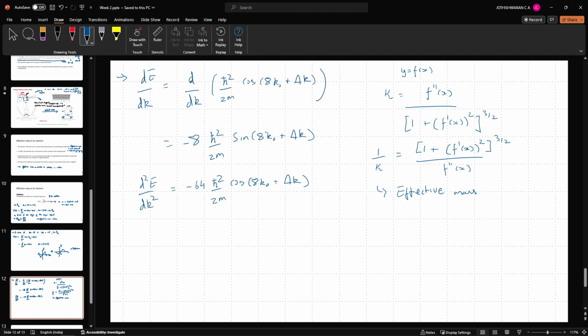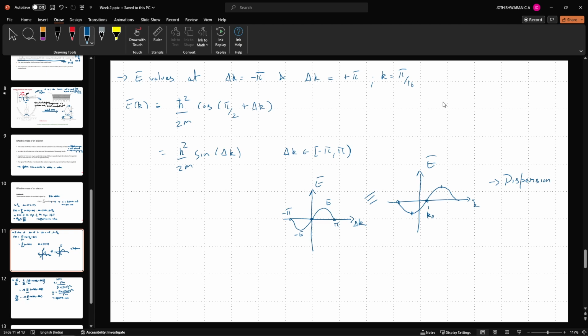I should have introduced this as 8 times (k plus delta k), because then it will make sense. So let me retroactively make some modifications here. Let me say this is minus pi by 8 to pi by 8. Now all is well.